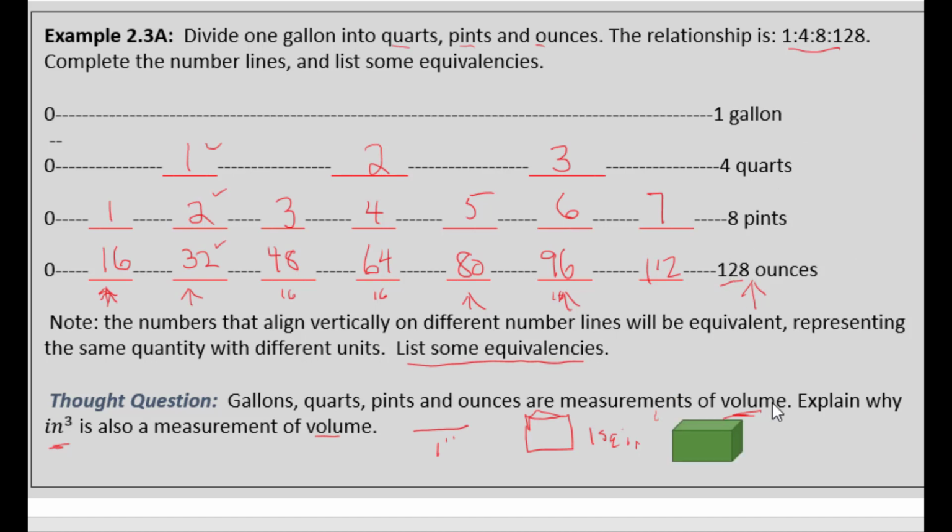And I did, and I put it right here. It's a cube, 1 inch by 1 inch by 1 inch. Looks a little bit more rectangular, but I try to make it a cube. And a cube you can fill up with stuff, right? So it is volume. So length, area, volume. Inch, square inch, cubic inch.